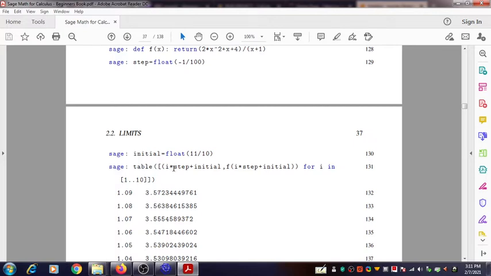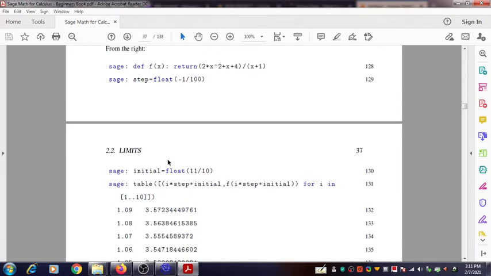These are actually Python statements, because the Sagemath system works on the Python programming language. So these are Python programming statements. If you want to understand more about these statements, you must learn more about the Python commands.